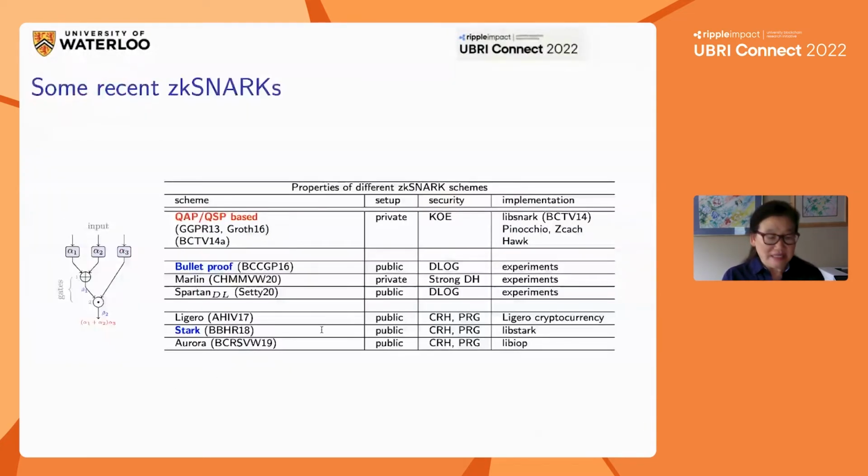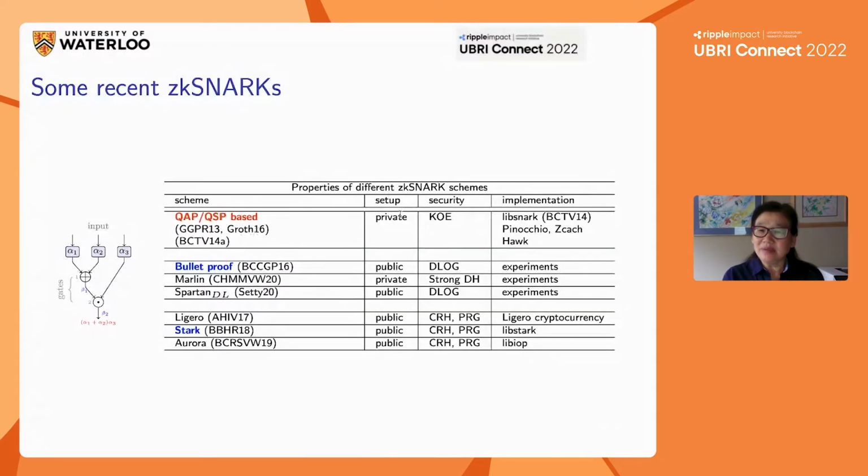Those are the existing schemes, just some of them. For example, QAP and QSP based. First published in the GGPR 13 paper, so in 2013, and later on in BCTV 14, and in 2016 it was improved a lot.